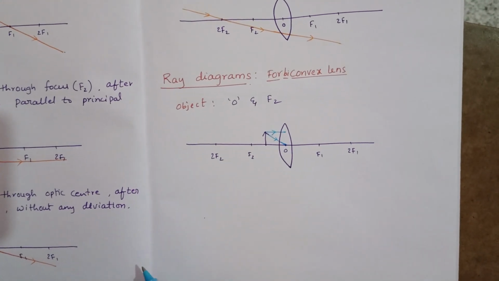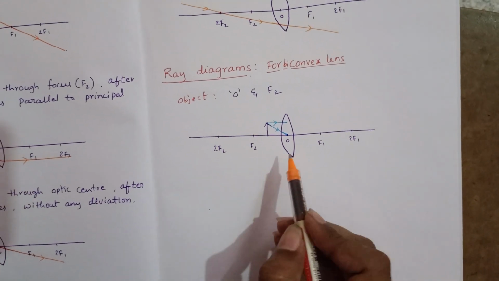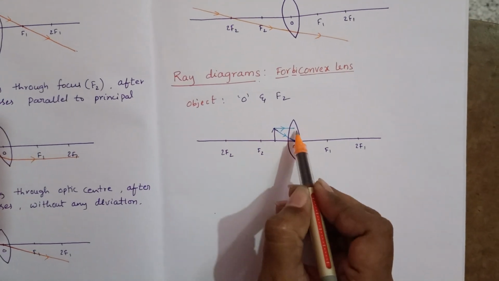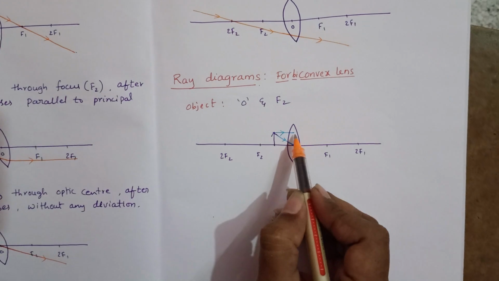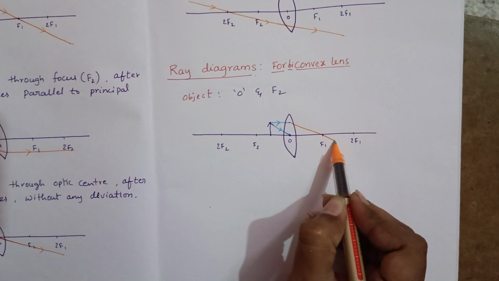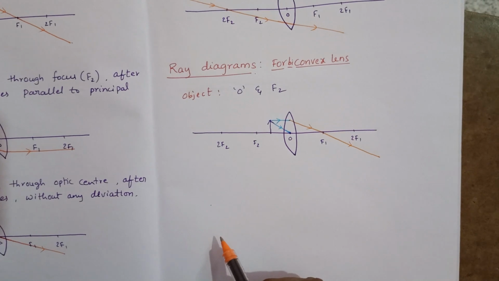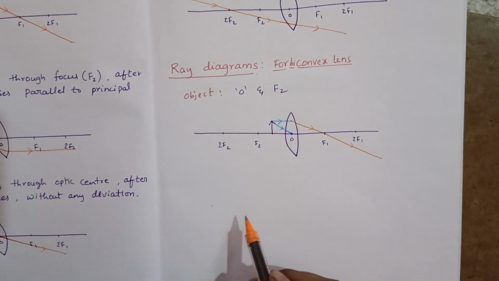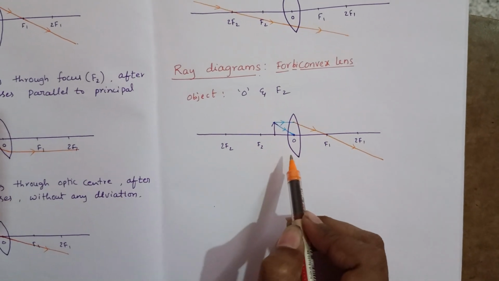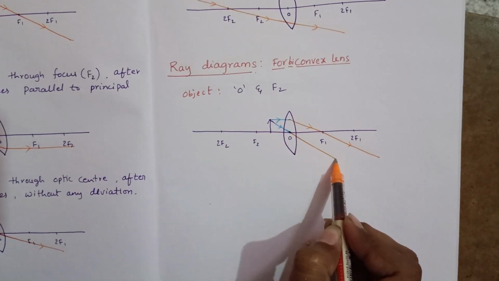The ray which is parallel to the principal axis, after refraction passes through focus. Now the second ray, the ray which is passing through optic center, after refraction passes without any deviation.